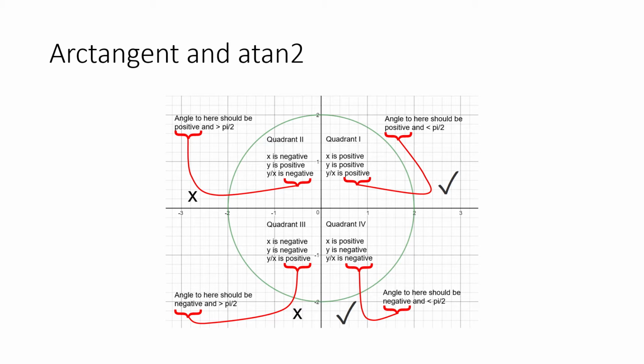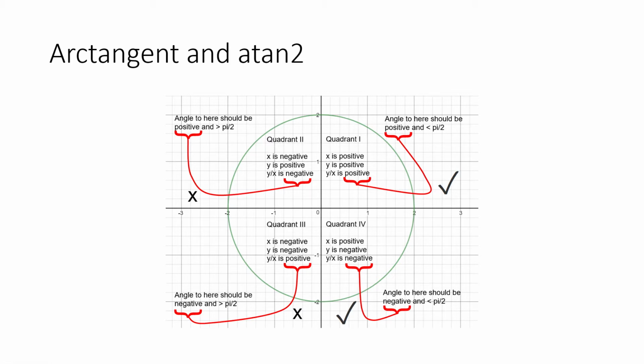Sorry, I beg your pardon, it will give us those values, but it shouldn't for some of them. So in this area here, the angle should be 0, half pi, pi. So they should all be positive, but in this quadrant it's actually negative. So that's why that one's wrong. Whereas if the y value is pointing down, you should get a negative result of the atan function.